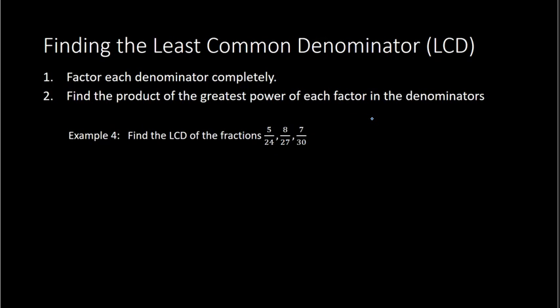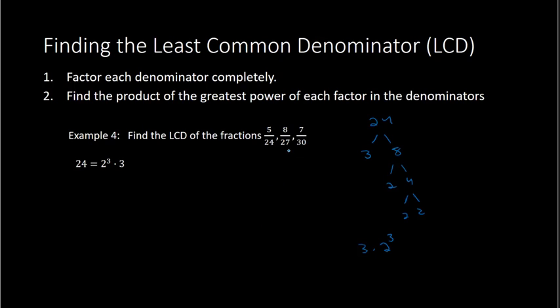So we can do the factoring tree thing, where we do 24, break that down, we get 3 times 8. 8 would be 2 times 4, then 4 would be 2 times 2. So we have 3 times 2 to the third power, all right, or 2 to the third times 3.